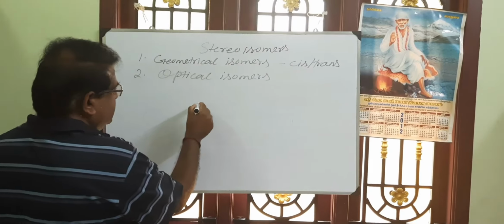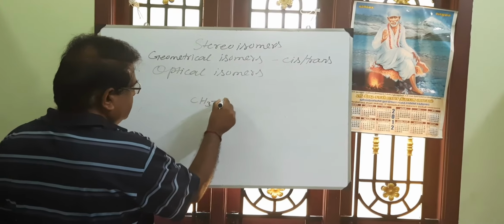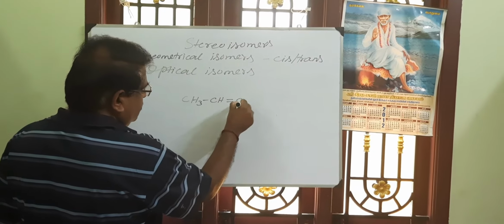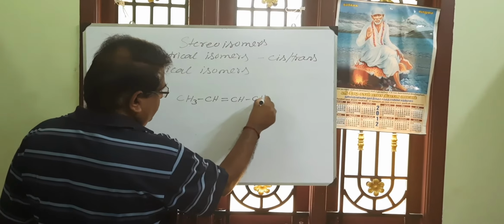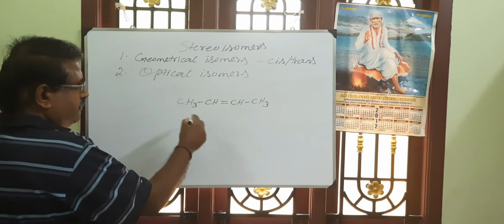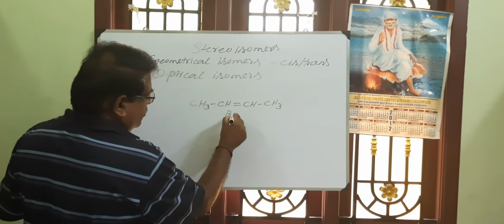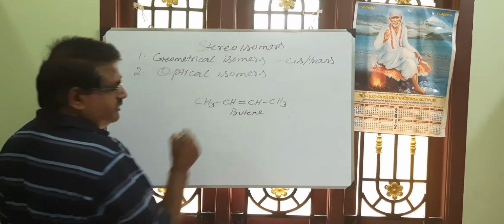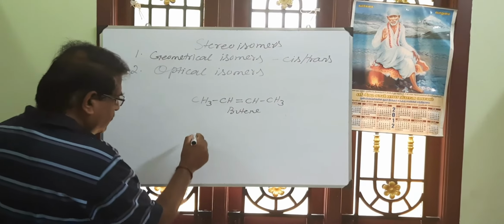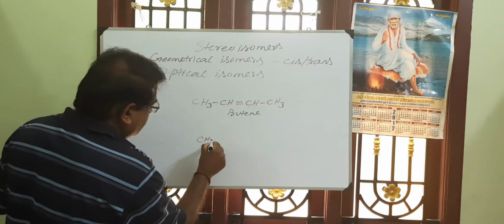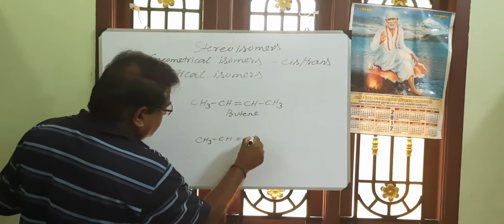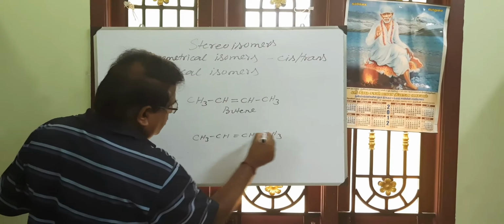Let us consider butene, CH3CH=CHCH3. So this is butene. Now I write another molecule, CH3CH=CHCH3. The same?